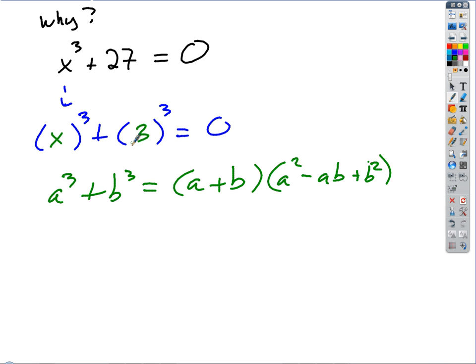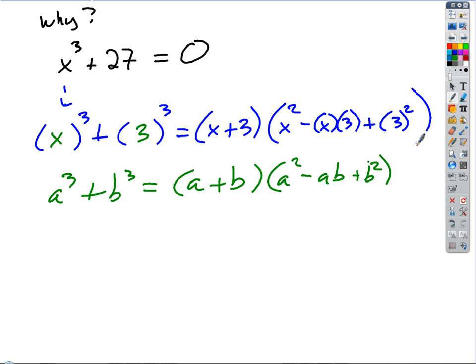And that looks like A cubed plus B cubed. So we're just going to follow that pattern. X plus 3 times X squared minus 3 times X. Technically, if we just follow the pattern strictly, A is X, so we're really saying X times 3 plus 3 squared.